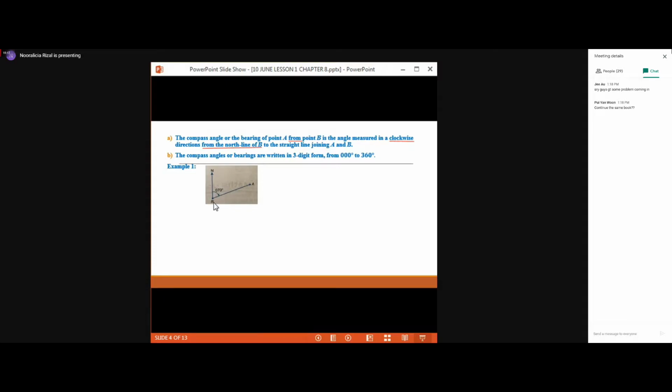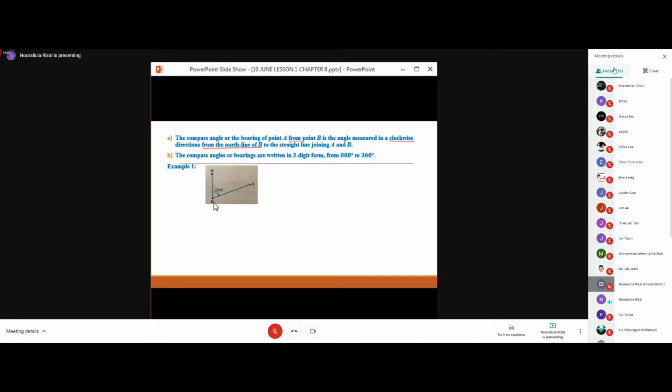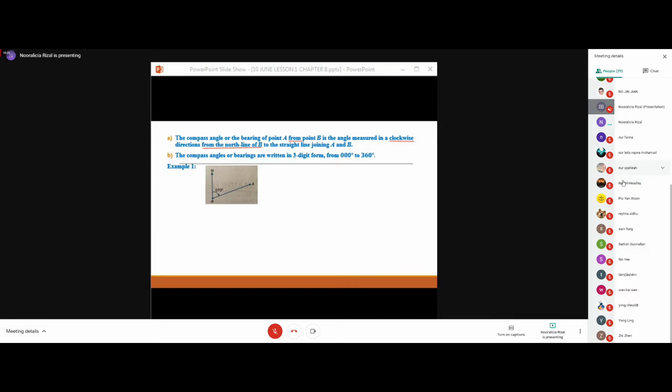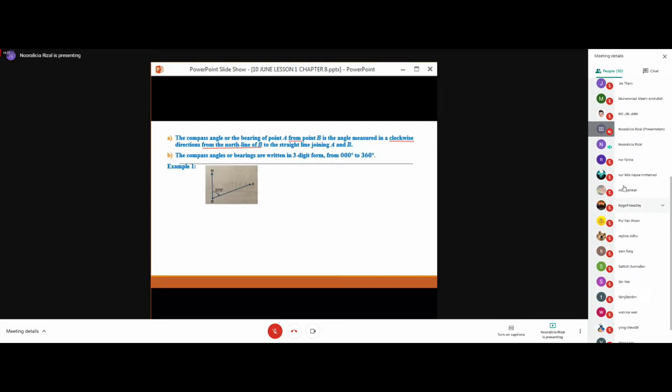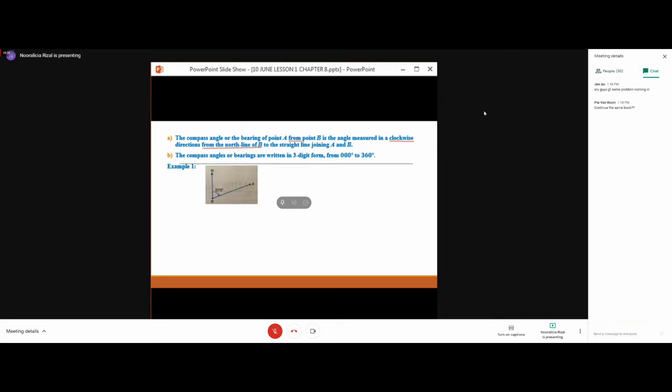The diagram is given, the north line is drawn for you. For the not simple question, you have to draw your own diagram, and you have to draw your own north line based on the statement. They'll explain where the north line is, but you must know where it is from the statement. So we start off with all the easy examples first.